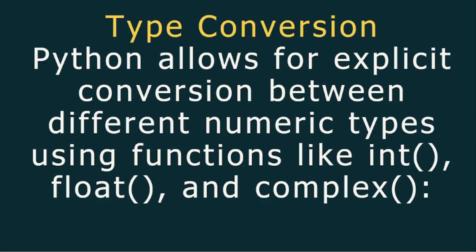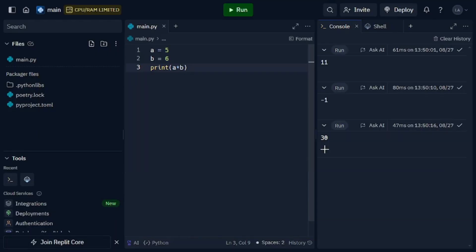Now we will see type conversion. One of the cool things about Python is you can convert between different number types. For example, let us take one int value, which is, let us assume, 10.